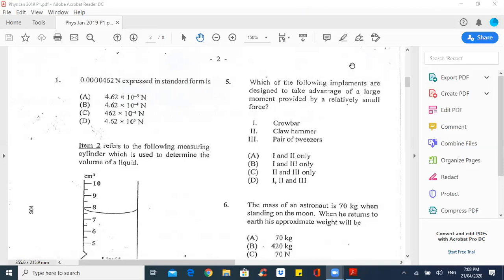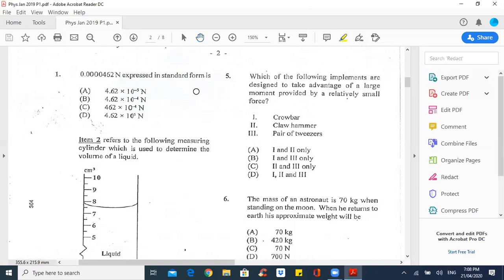So the question here says in number 1. Now be mindful, these are all repeat questions here, most of them. Number 1, 0.000462 newtons expressed in standard form is 4.62. And we go back 1, 2, 3, 4, 5 places to the right, which is 10 to the power negative 5. Good. I'm sharing a whiteboard.